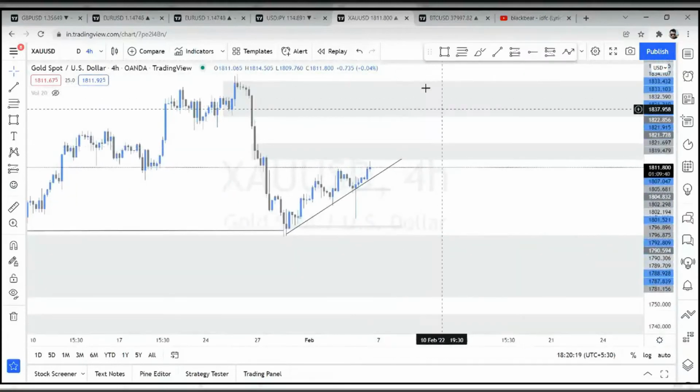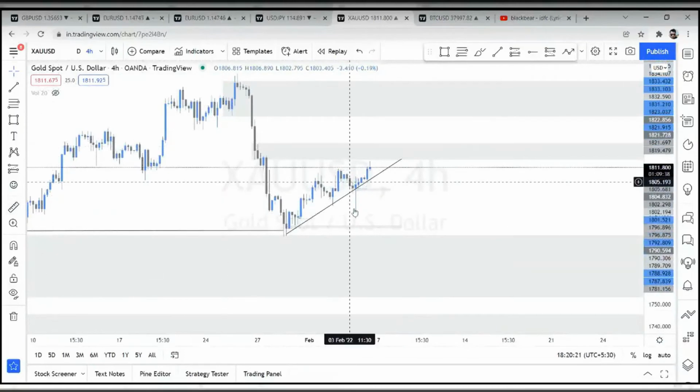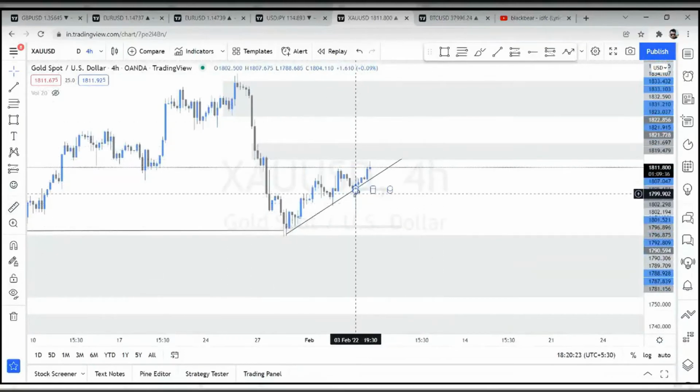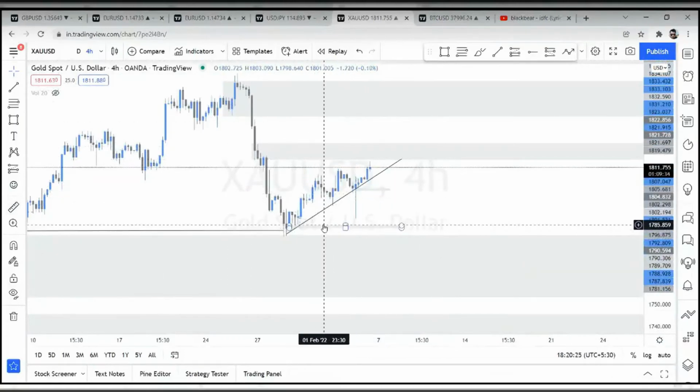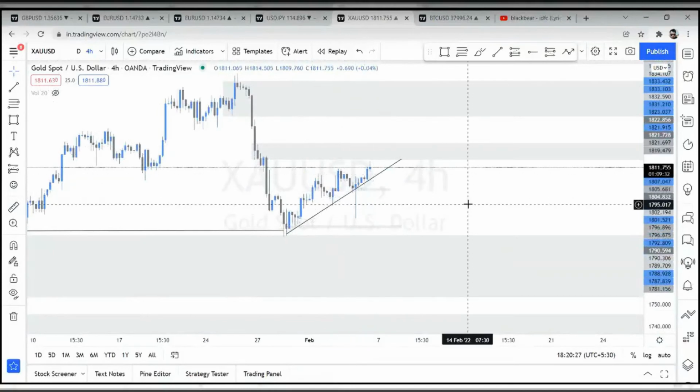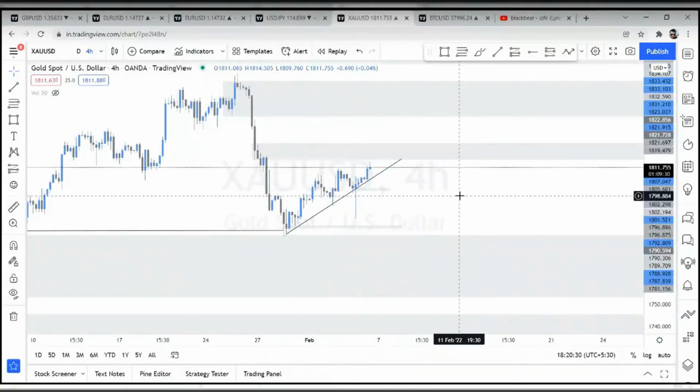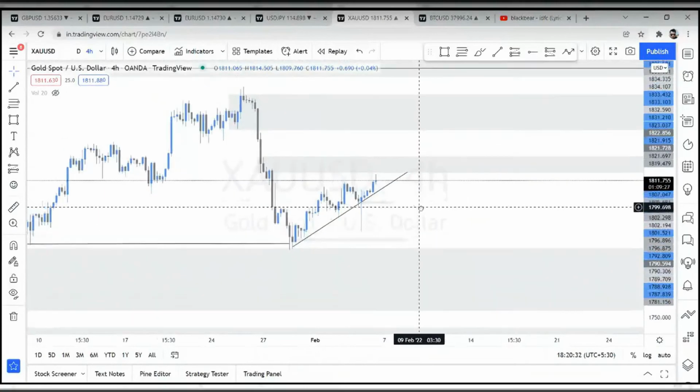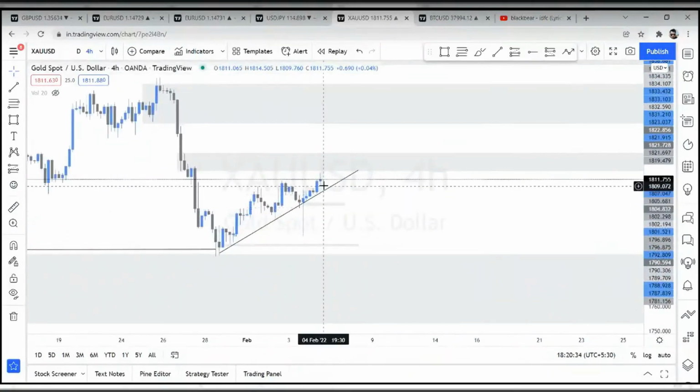It's been printing bullish, and this move down took out all the liquidities, and it's moving up. So it's indicating that it may want to go bullish. We should not be surprised if today gold shoots up.